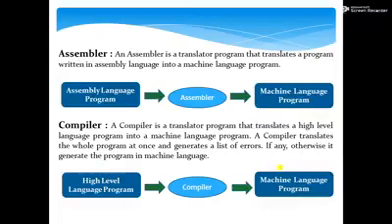A compiler translates the whole program at once and generates a list of errors, if any. If it finds any error, it generates the list of errors, and if it does not find any error, it translates the complete program into machine language.